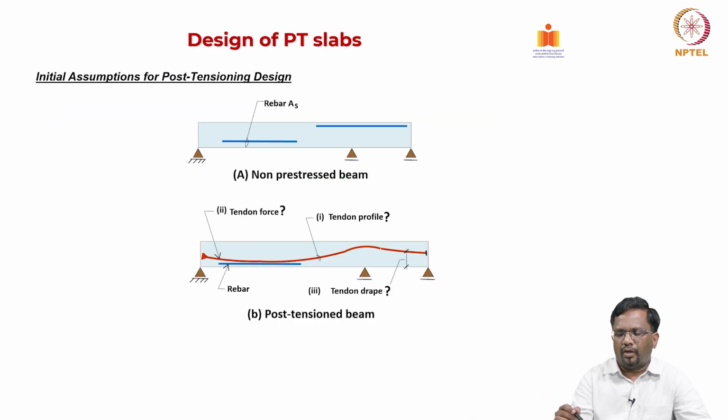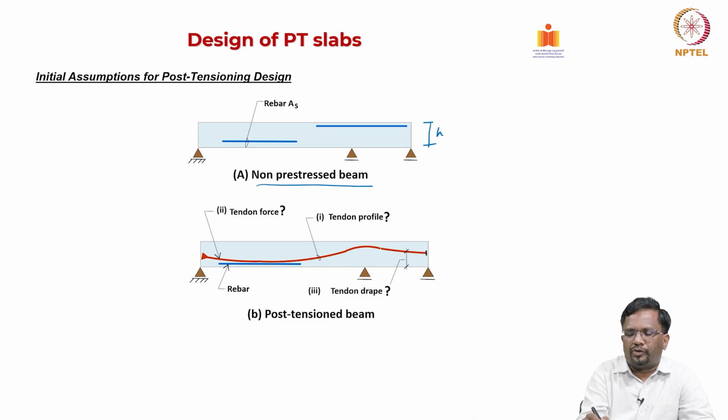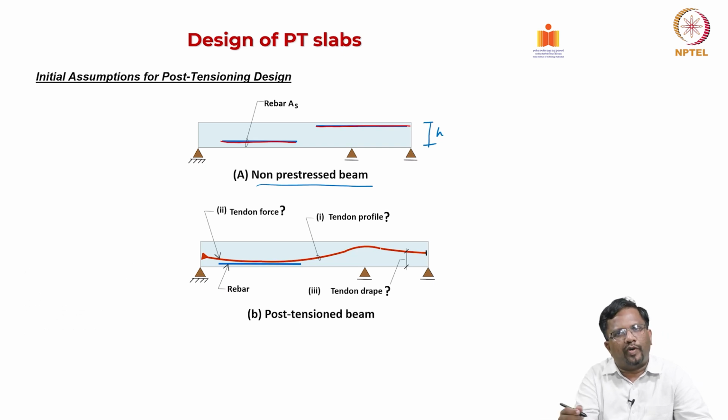Now, if you are looking at a non-pre-stressed beam, for example a two-span system here, for a particular load we are coming up with the depth and breadth, and we are also looking at where to put the steel. We are looking at the amount of steel AS, and wherever the bending moment is, that is where we put it.